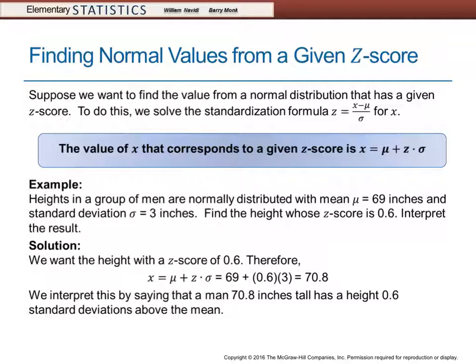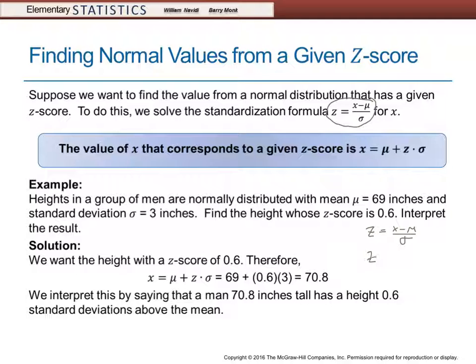So suppose we want to find a value from a normal distribution that has a given z-score. To do this, we solve the standardization formula for x. Okay, and we're going to do that here. So we have z is equal to x minus mu over sigma. We multiply both sides of the equation by sigma.